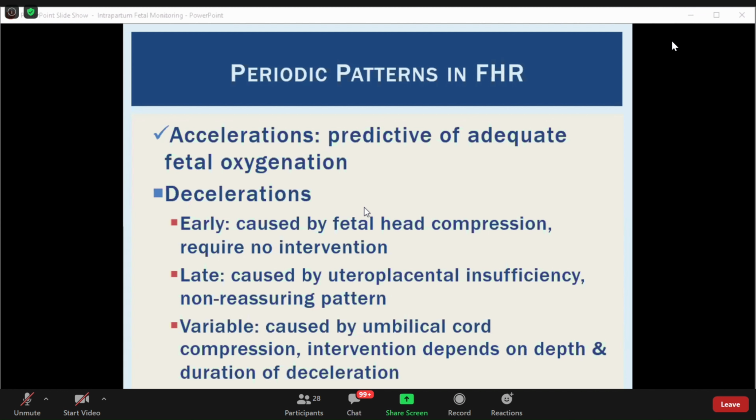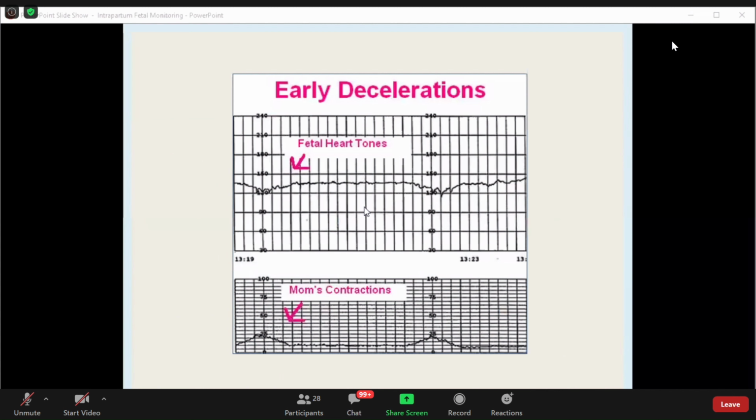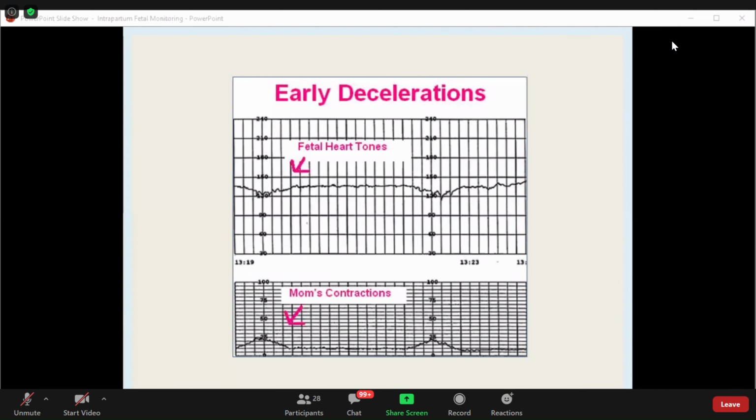And as the contraction is releasing, the fetal heart rate is returning to baseline. So these are early decelerations.